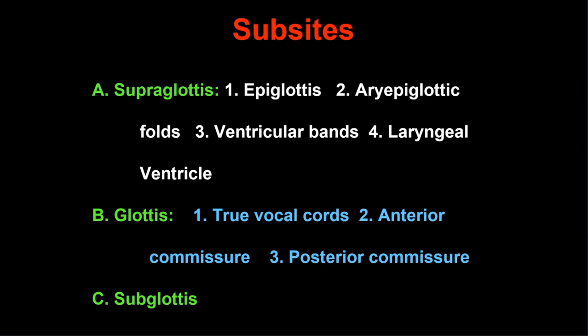The anterior commissure is the space between the anterior parts of the true vocal cords. The posterior commissure is the space between the posterior parts of the vocal cords towards the arytenoid cartilage. And the subglottis is from below the vocal cords to the lower border of the cricoid cartilage.